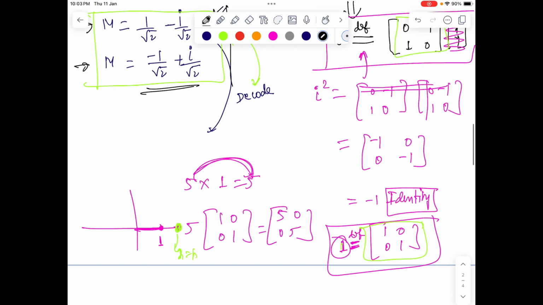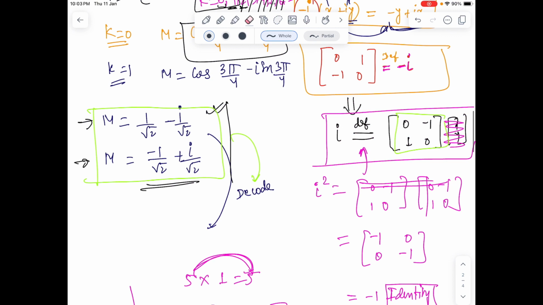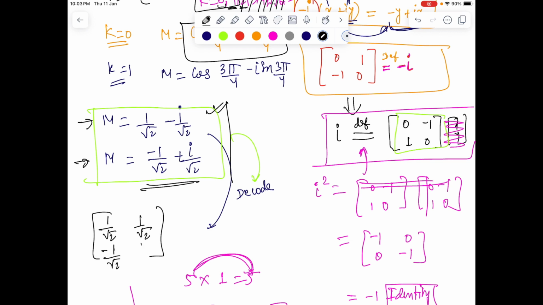And now let's decode it. So we'll put this back into our matrix world. And what does the first equation decode to? Now clearly we can see the first equation. If we move backwards, x plus iy denotes x and minus y. So here it will become 1 by root 2, and that's, guys, minus 1 by root 2 comma 1 by root 2.